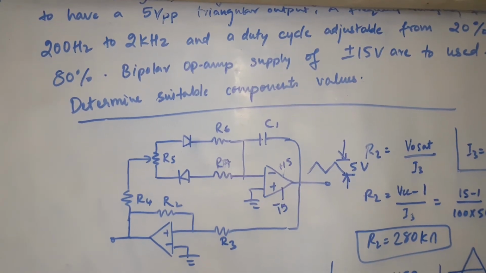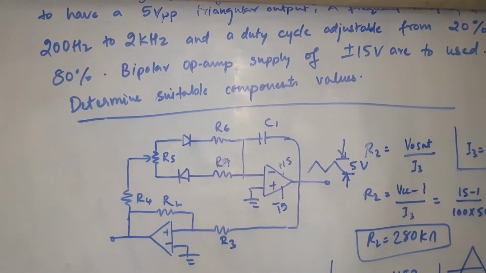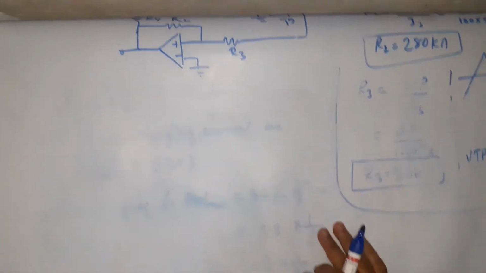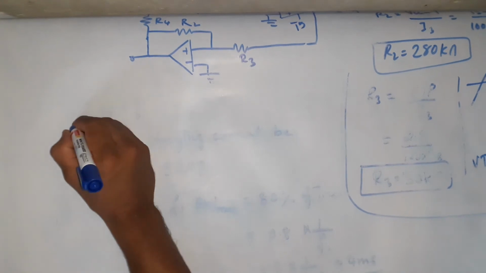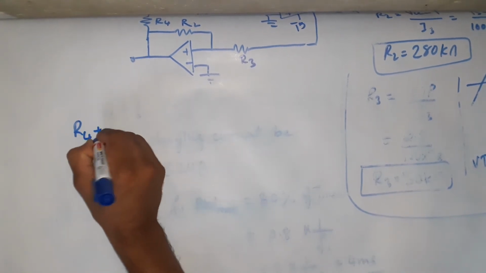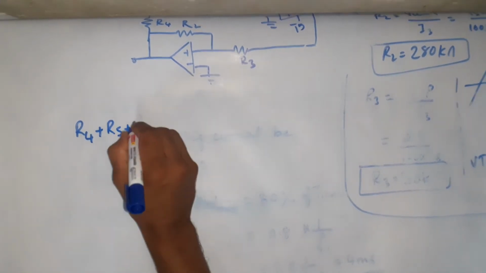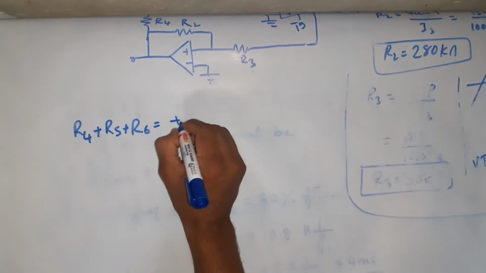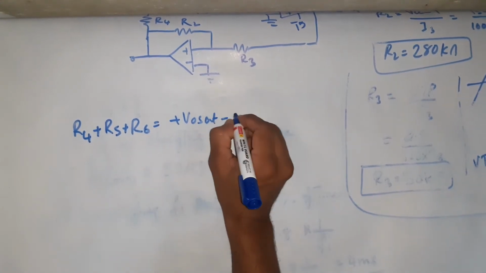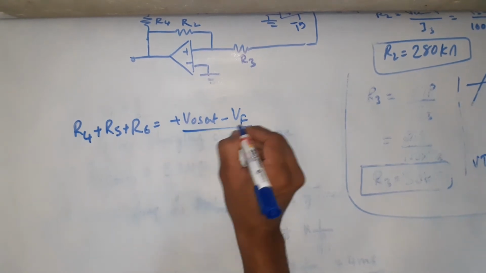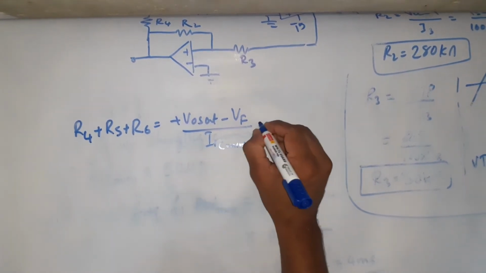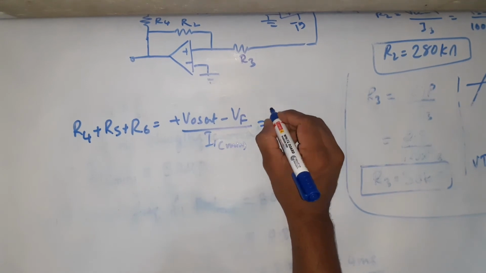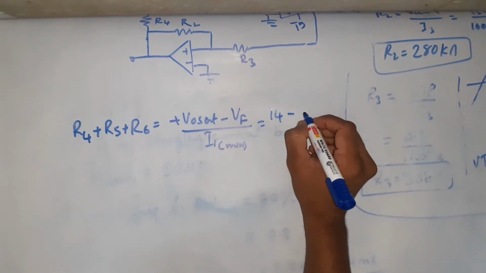Let me clean my board for completing the solution. So we have R4 plus R5 plus R6 equal to V0 sat minus the voltage drop of the diode, divided by I1 minimum. V0 sat is 14, that is VCC minus 1.